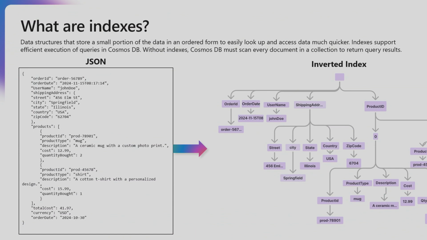So indexes are a really cool data structure on Cosmos DB. So it's basically when you create a JSON document on Cosmos DB, we convert that into an inverted index, which allows the data retrieval and lookup of that document to be a lot faster, instead of Cosmos DB having to scan every single document.